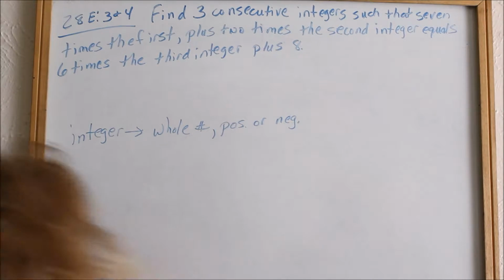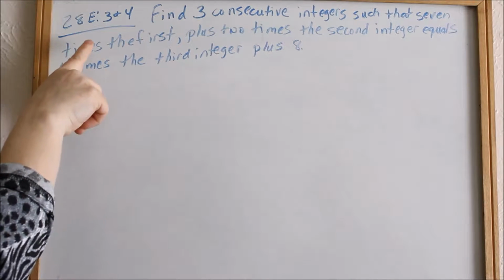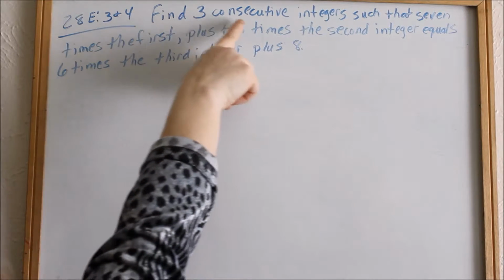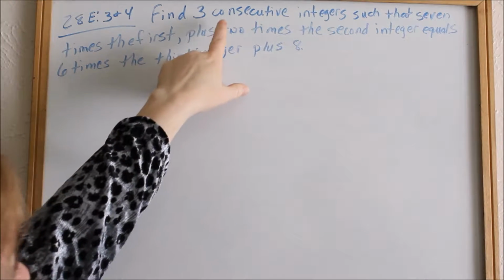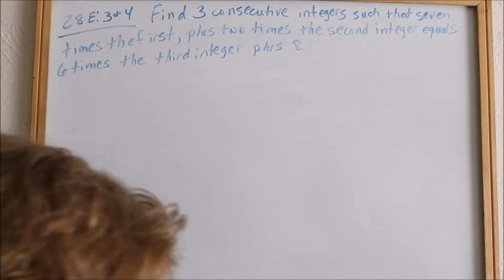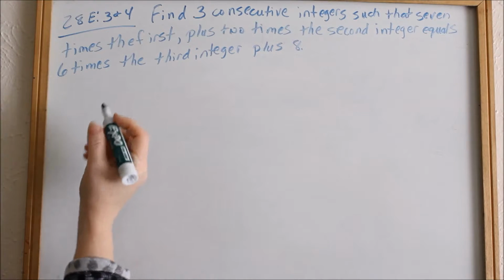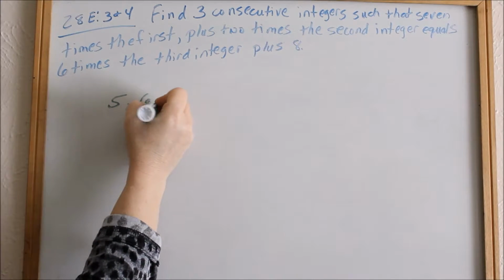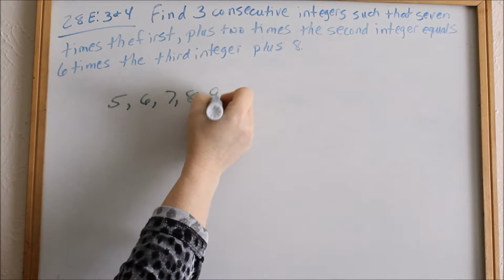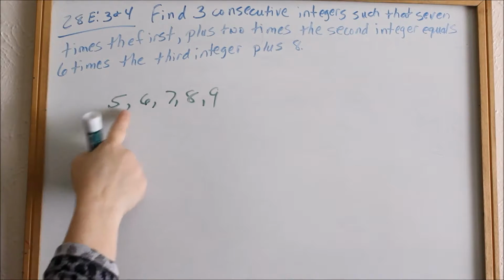Alright? So, on this very first problem, 28E, 3 and 4, we want 3 consecutive integers. What does consecutive mean? Consecutive means one after the other. If I counted consecutive numbers, 5, 6, 7, 8, 9, and so forth, one right after the other, how did I get to each number?